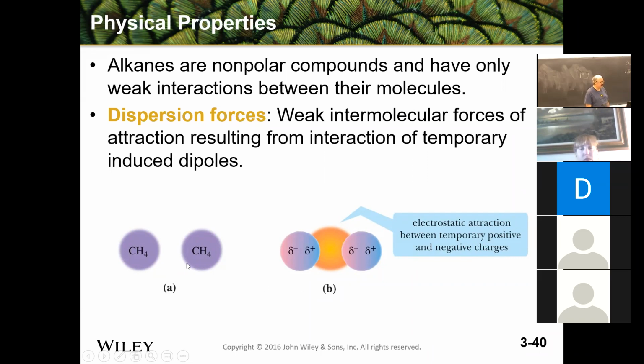Methane is a nonpolar molecule, and as two methane molecules approach each other, there's a temporary shifting of the electron cloud from one side to the other. This results in a weak attractive interaction.